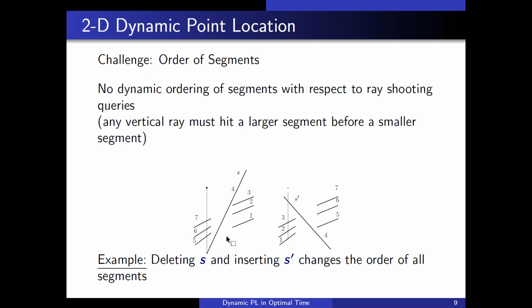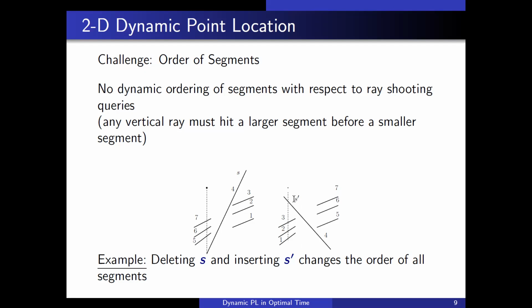However, if I remove this segment S and insert another segment S prime, then now the same vertical ray shooting query will hit S prime, and then it would hit S, 3, 2, and 1. And you can imagine that here we have another query that should hit this segment, this, and this segment before it hits the segment S prime.